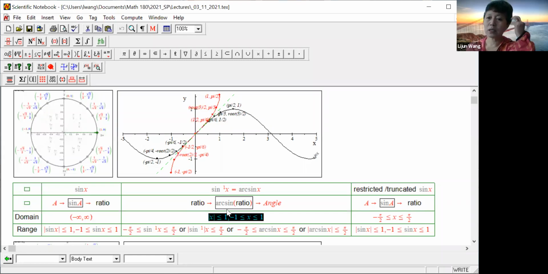So we need to constantly have the domain and range in our mind. We have enforced these from the picture, from the unit circle, and how to read the individual points: what's the input and what's the output?